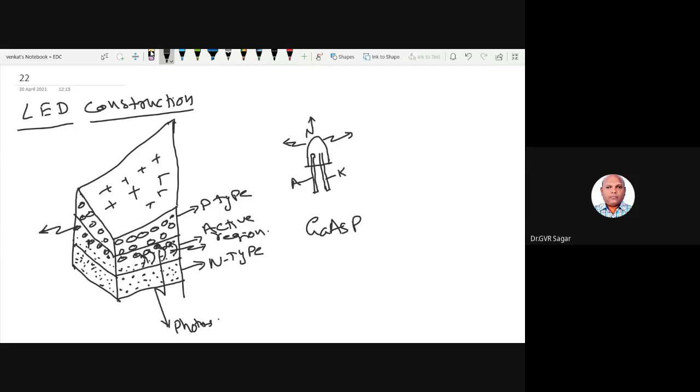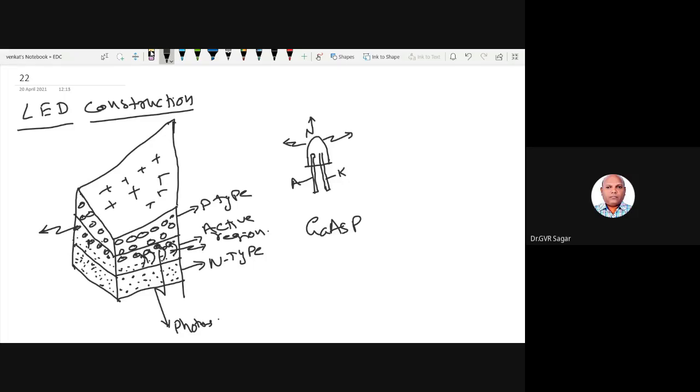Coming to the construction part, a P layer and an N layer are placed here. The P layer is full of holes, and the N layer is full of negatively charged electrons, and in between a region is placed.